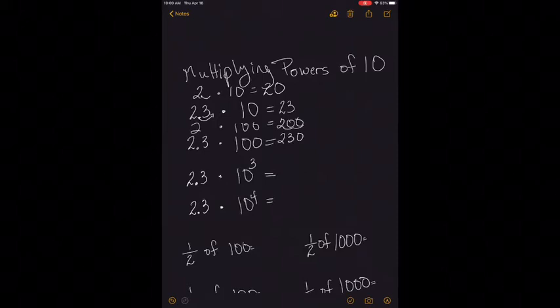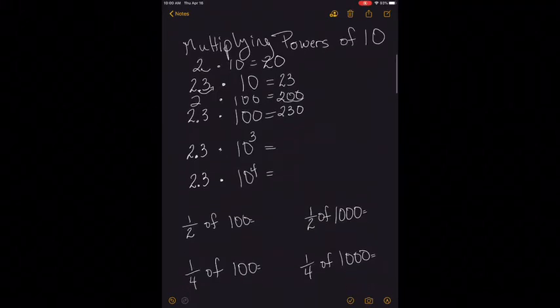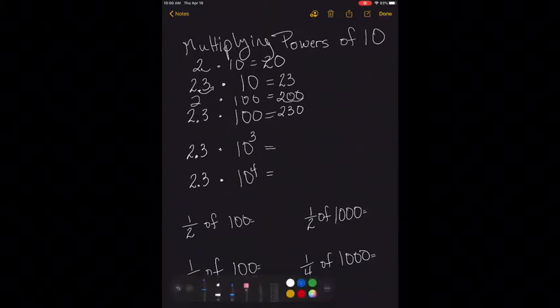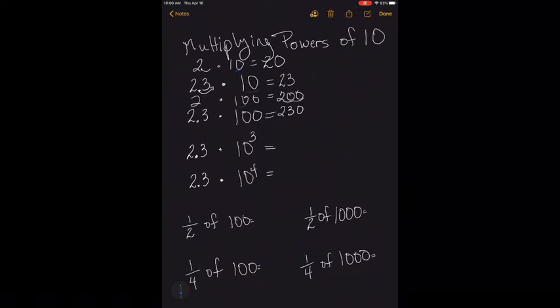Okay, in both cases, what we did was we moved the decimal point over twice. So you'll notice that the number of times we move the decimal point depends on the number of zeros that we're multiplying it by. Okay, 1 0, we move the decimal once. 2 zeros, we move the decimal twice.